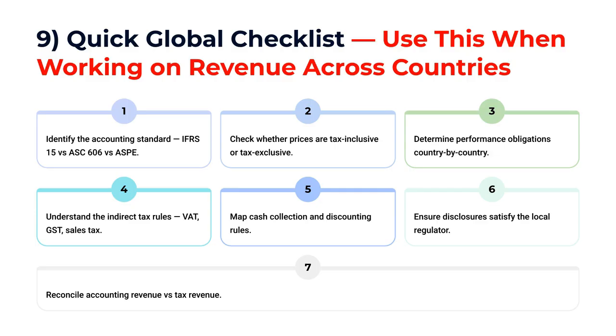Determine performance obligations country by country. 4. Understand the indirect tax rules, VAT, GST, sales tax. 5. Map cash collection and discounting rules. 6. Ensure disclosures satisfy the local regulator. 7. Reconcile accounting revenue versus tax revenue.